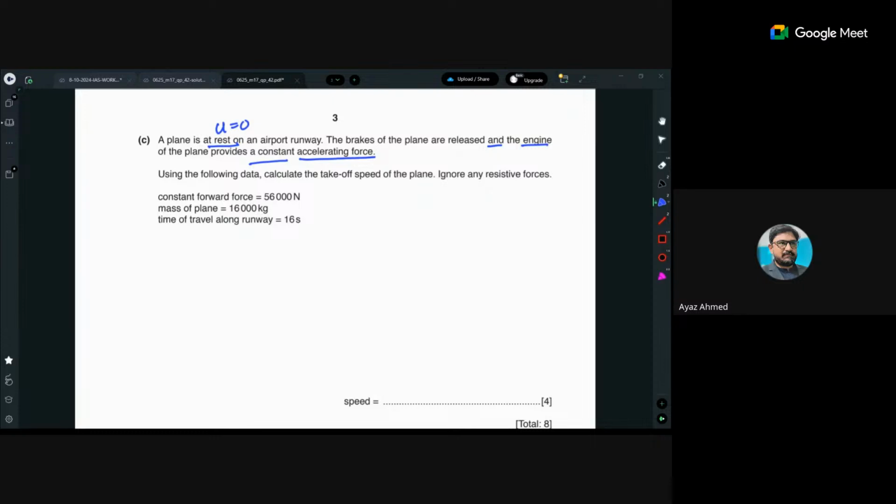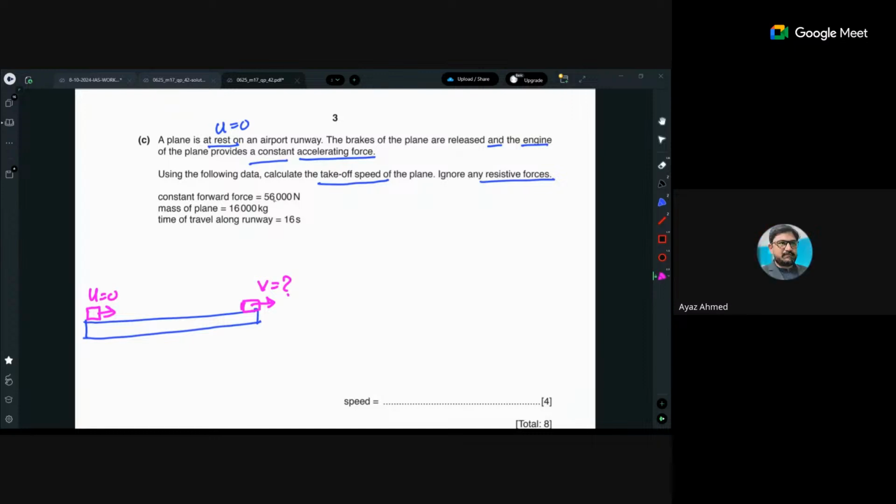So using the following data, calculate the takeoff speed of the plane, ignore any resistive forces. अब देखो करना क्या है, takeoff का मतलब ये है कि, let's say the length of the runway would definitely be given to you, if not then we will consider another aspect. The aeroplane is just like from here, its initial speed is 0 and when it takes off, its final speed is to be calculated. Is it?